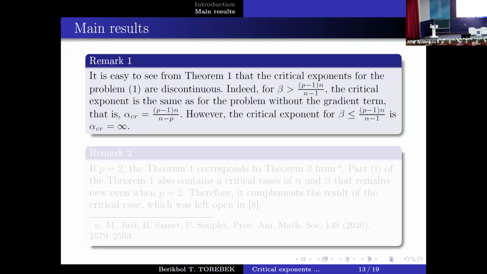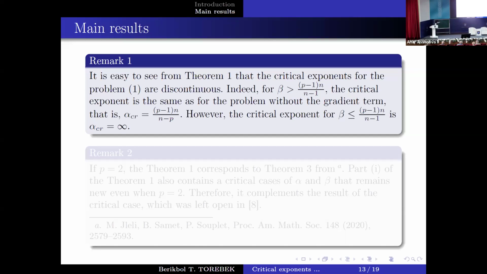And in the second case, if beta is less than this number, the critical exponent, and alpha is any positive number greater than 1, then T is finite. So in the first case, if beta is greater than this number, and for this kind of alpha, we have a blow-up result.